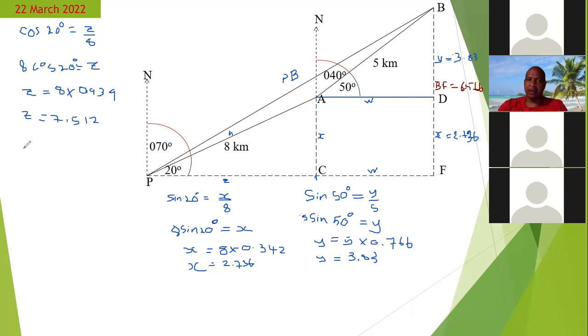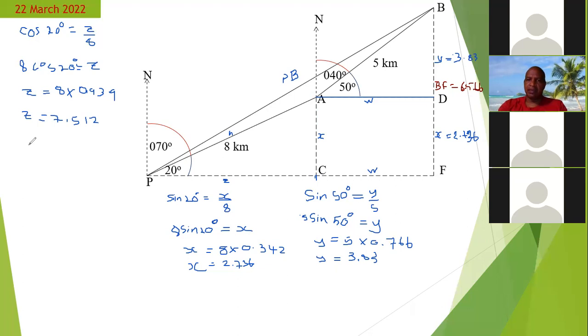Can we use a trig ratio here? And what would be that ratio? So we're trying to find W. I'm going to use angle A. And what is the angle at A? The 50 degree angle. All right. So which ratio?